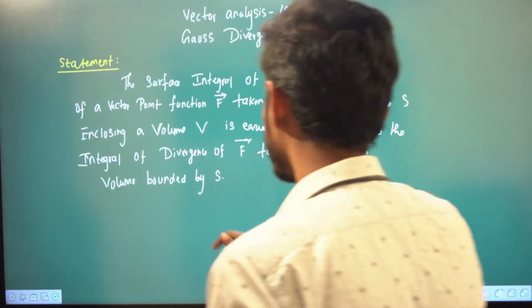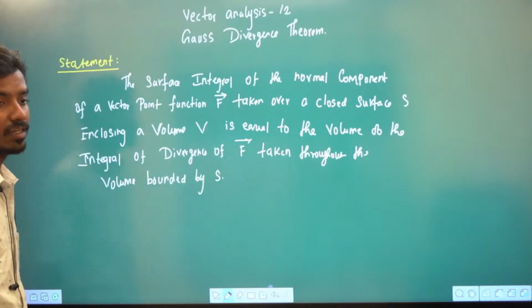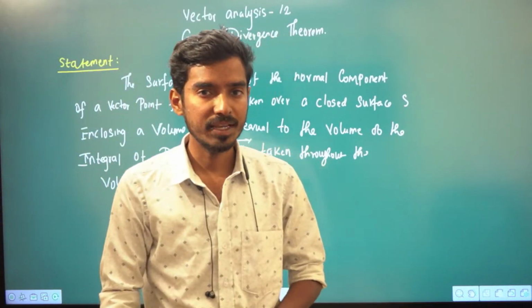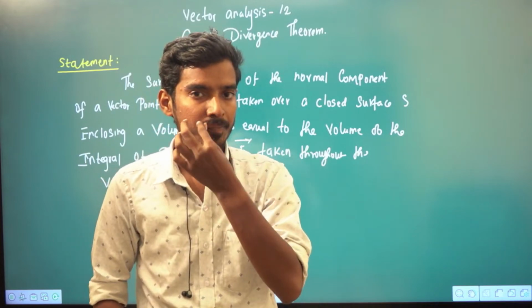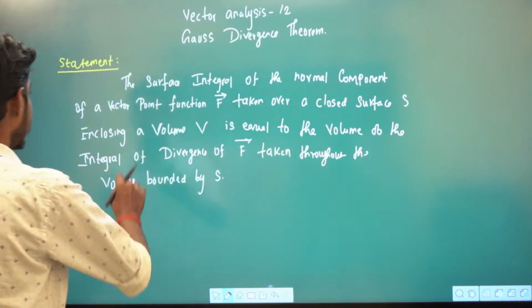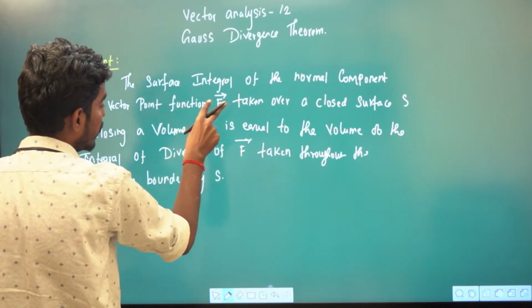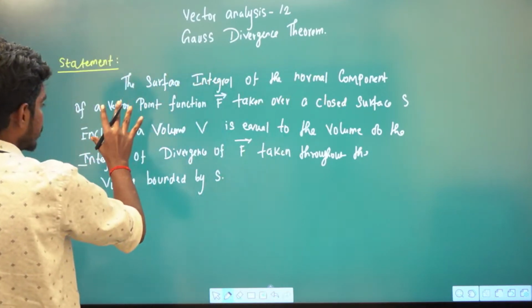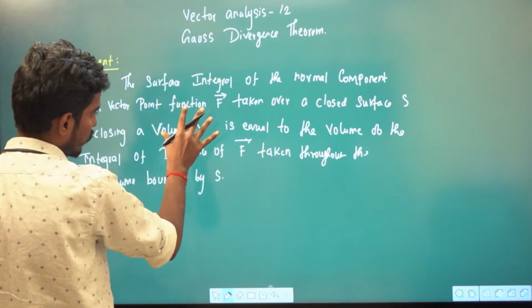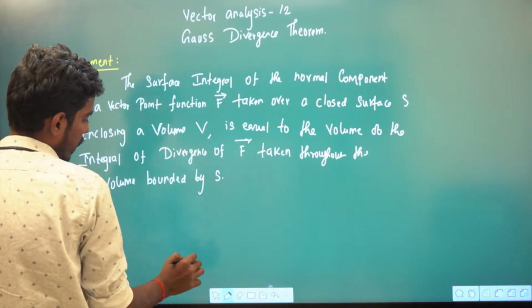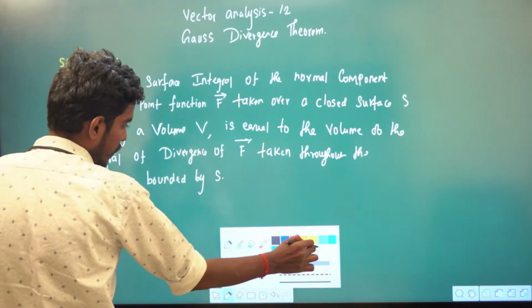So what it says is, we have a surface integral. The surface integral is the double integral over S of F vector dot n cap dS. That is the formula for surface integral. So it's saying the surface integral of the normal component of a vector point function taken over a closed surface S enclosing a volume V. I'm going to combine these first three lines and write this mathematically.